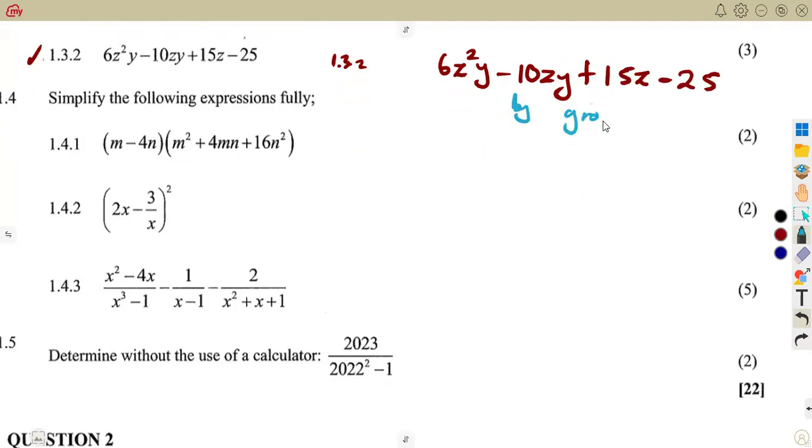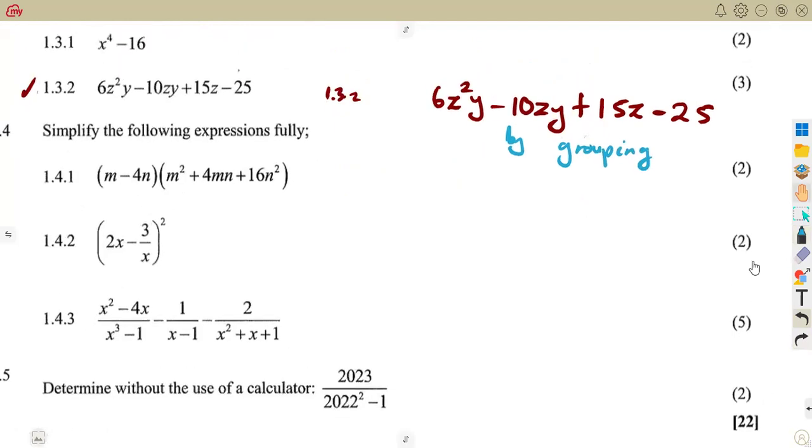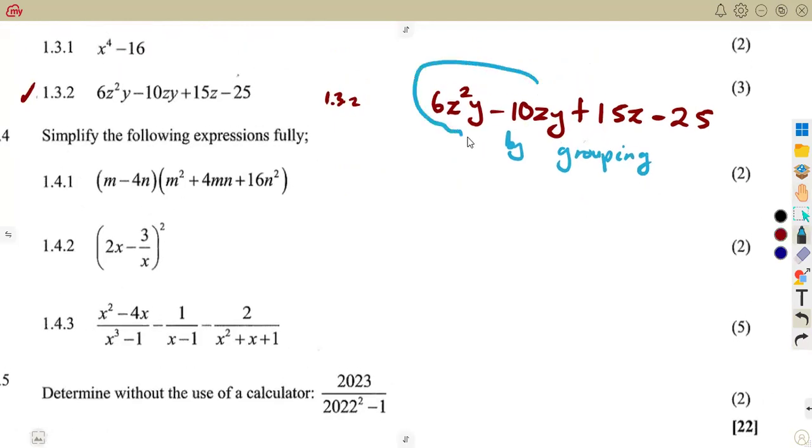By grouping, you're supposed to check between the first 2 terms if there is anything common, which is the highest common factor, and also for the last 2 terms.